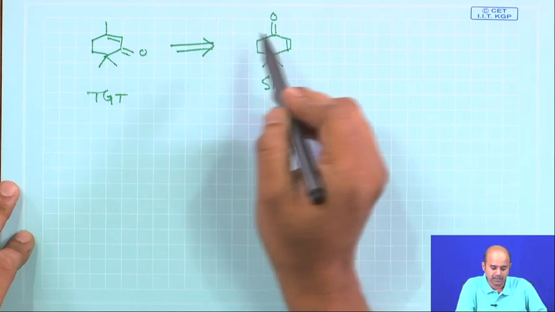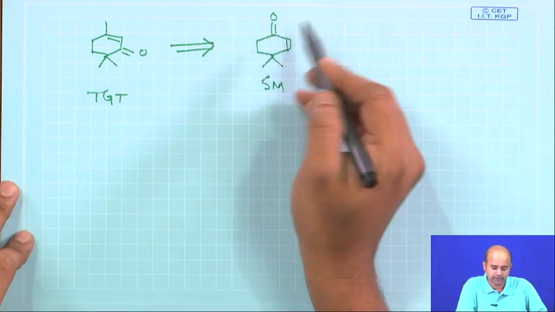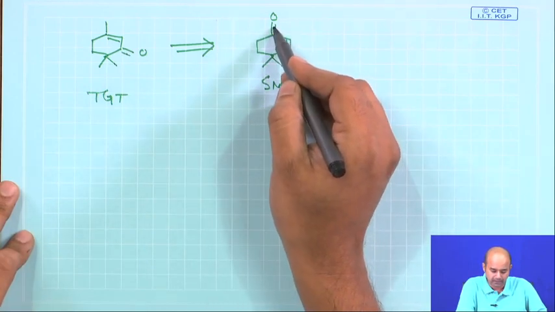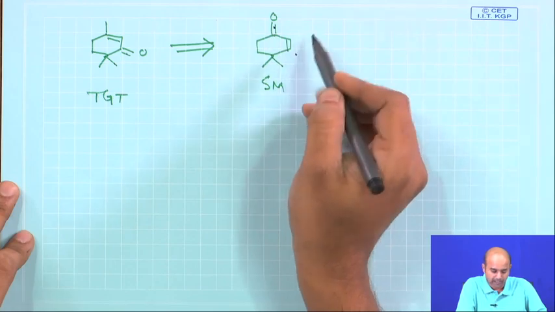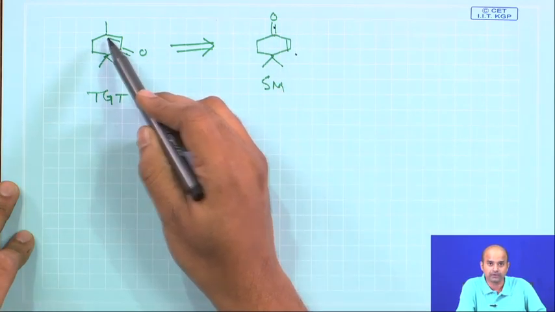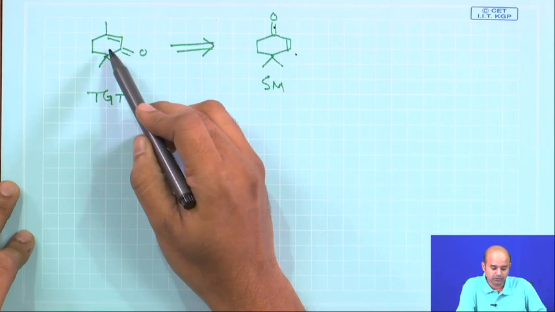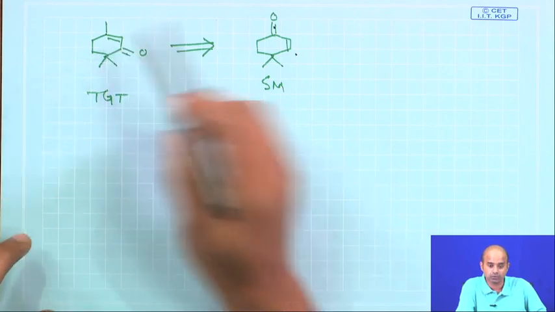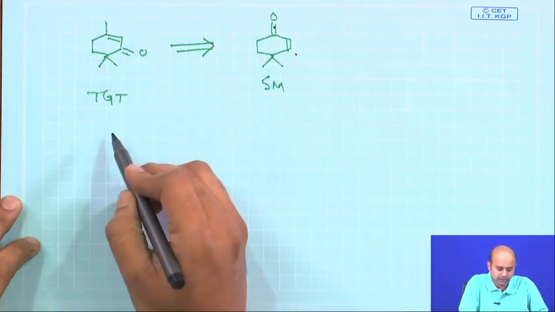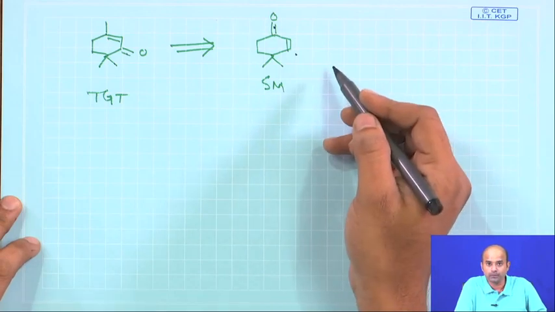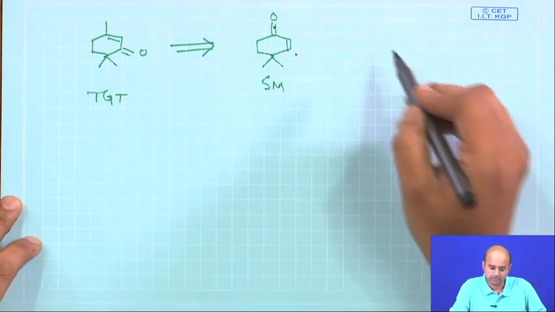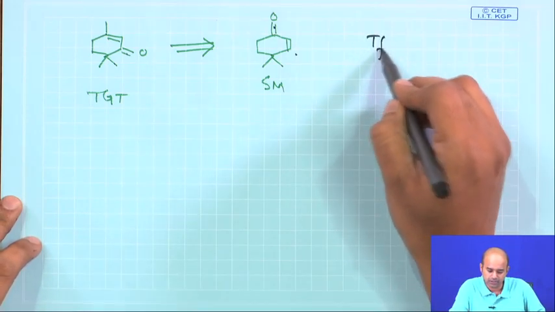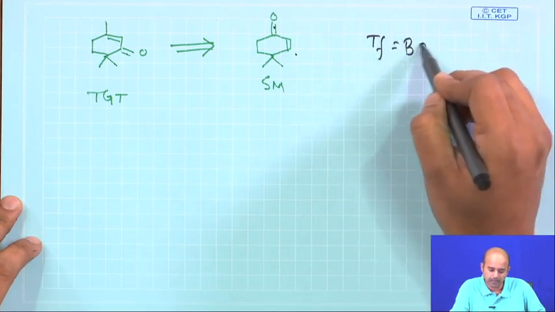From here it came to here, and one extra methyl group was added. So, the target molecule has one extra methyl group. If you are not familiar with this reaction, the suitable transformation which we will now be talking about is named Babler oxidation.